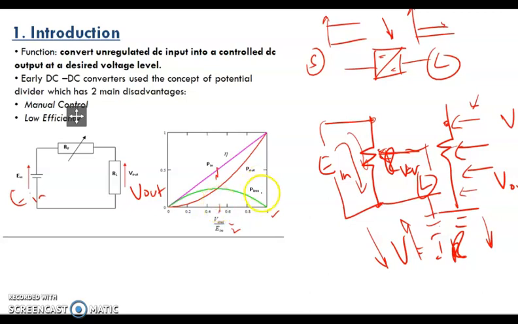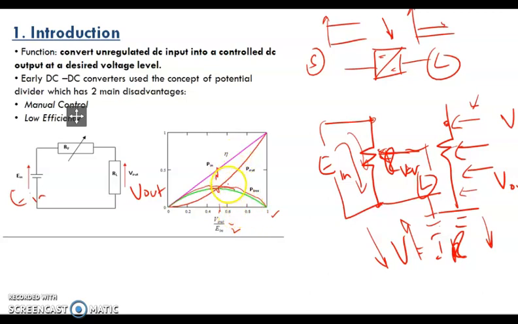In terms of losses, you can see the losses curve here. At 50%, the losses are at the highest peak. At 100% of output, it reduces to 0, and at 0 output, also 0. But at 50% of the resistance, you shall have 50% efficiency of the system.